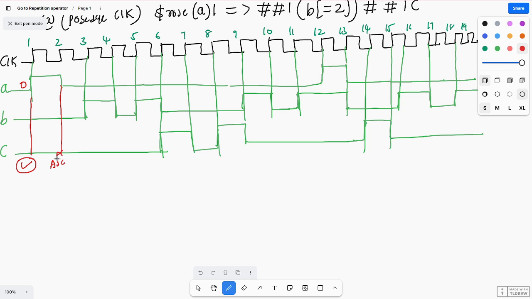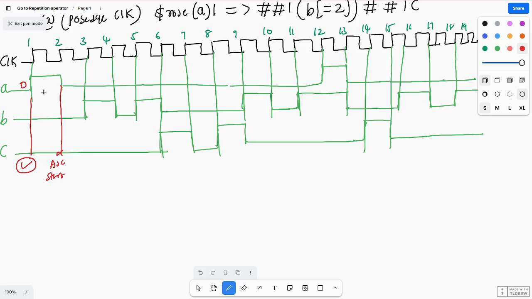Okay, the assertion starts, and after this one more delay will be added. So the assertion will start from here, at the next fourth cycle.